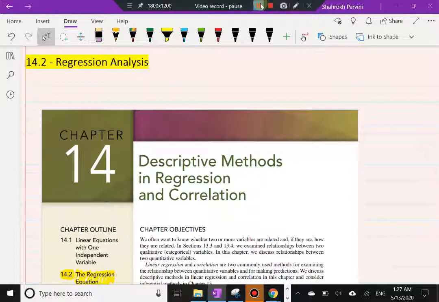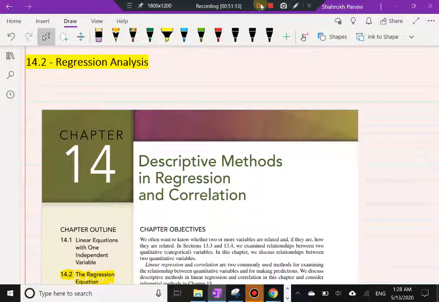Our next section would be section 14.3, and in section 14.3 we're going to talk about the coefficient of determination. One thing before I leave is that the question might be, so I have a regression equation, right? Well, how good is this model for prediction?